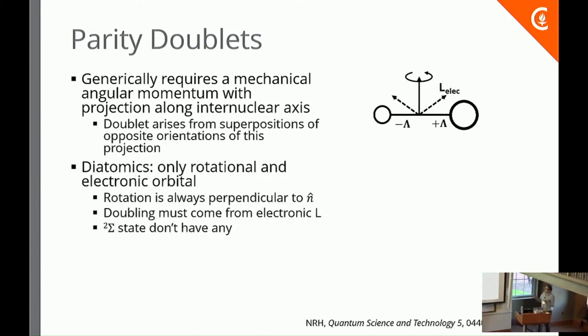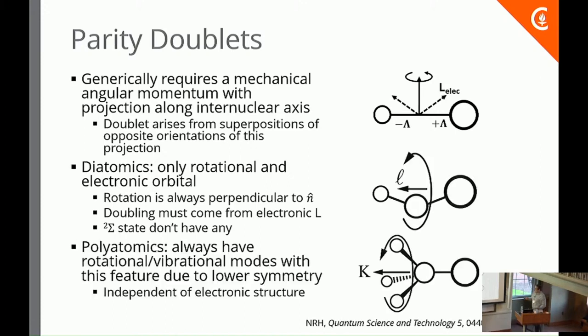And in diatomics, that's the only option, because the rotation is necessarily perpendicular to the internuclear axis. So the only other mechanical angular momentum, orbital angular momentum, that will give you this projection is from an electronic angular momentum. And these doublet sigma states don't have any. And you can make fairly general arguments that it would be hard to find a heavy, laser coolable, neutral, non-sigma diatomic molecule.